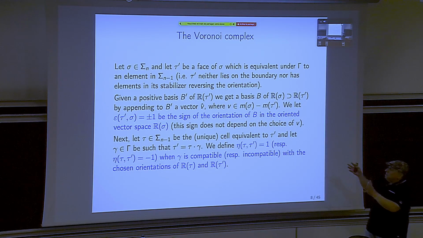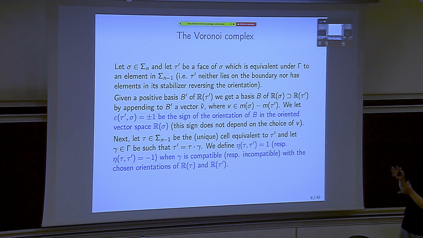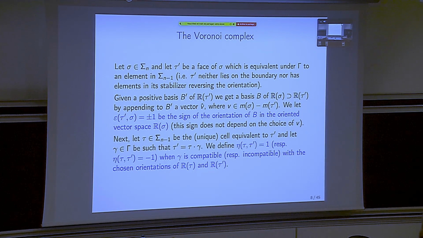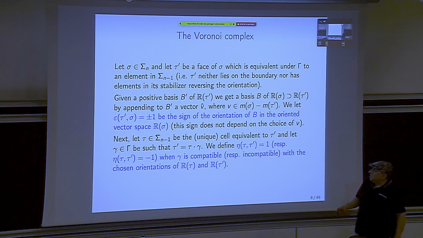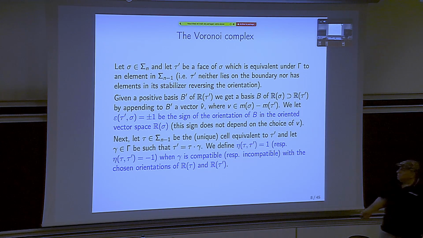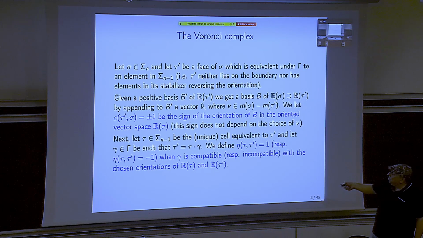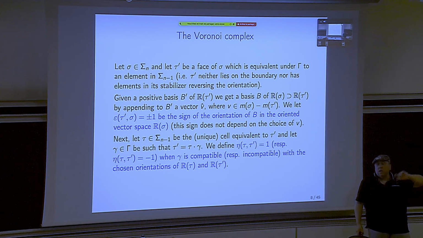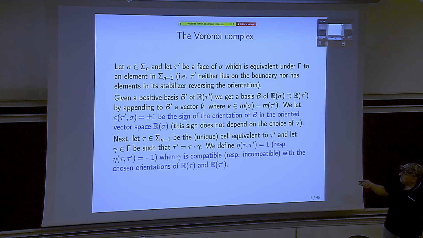In some sense, one will be built using the determinant, and the other one will be built using the stabilizer. So we have those two orientations, epsilon and eta, and of course you will have to sum all those incidences over all the cells which are equivalent to the bottom cell, tau here, for instance.